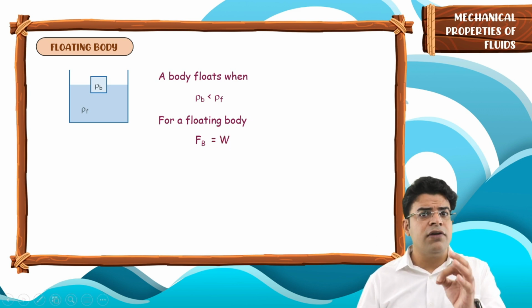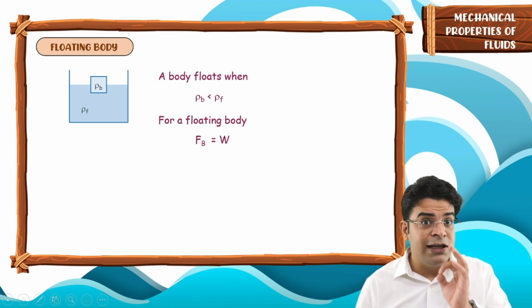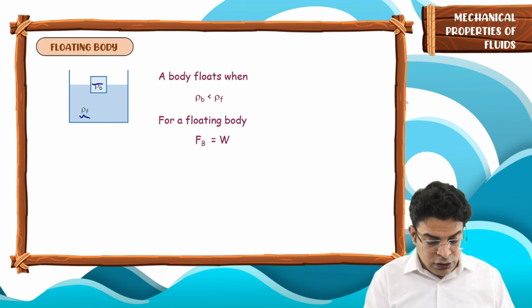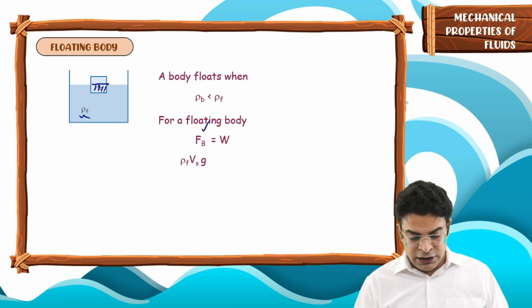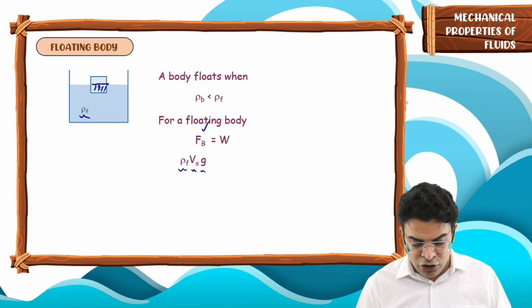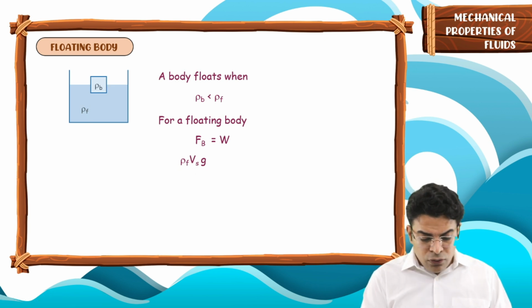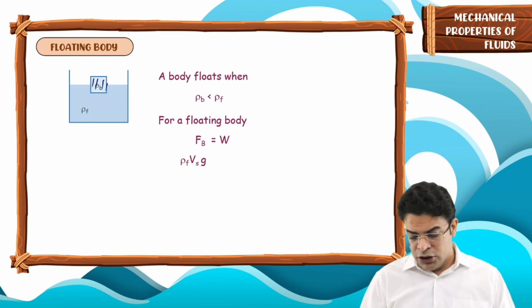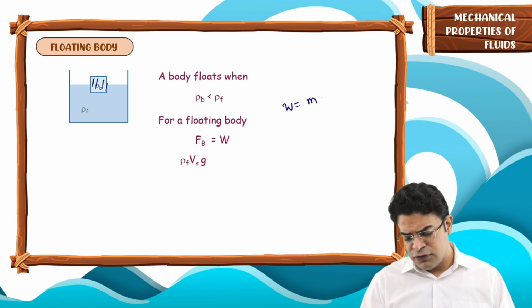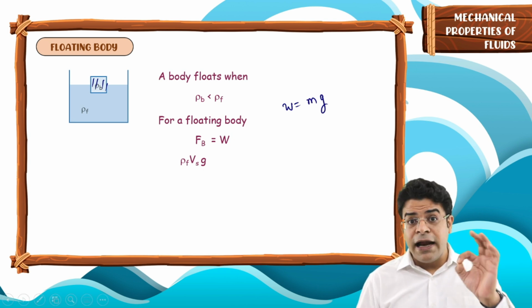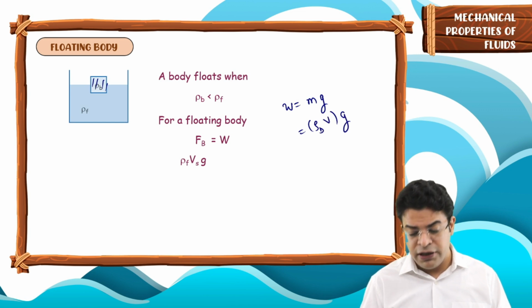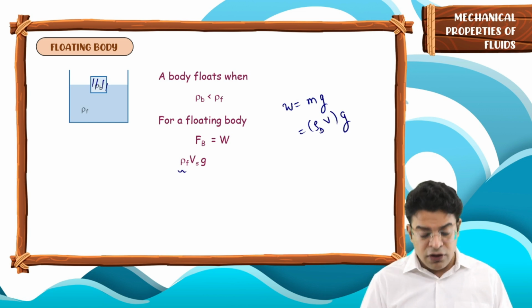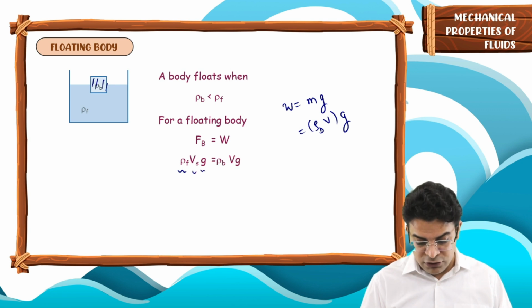We have just learned what the force of buoyancy is: the density of the surrounding fluid times the volume submerged times g. And how do we write the weight of the body? The weight of the body equals the mass of the body times g, and the mass of the body is the density of the body times the volume of the body. So the density of the surrounding fluid times the volume submerged times g equals the density of the body times V times g.